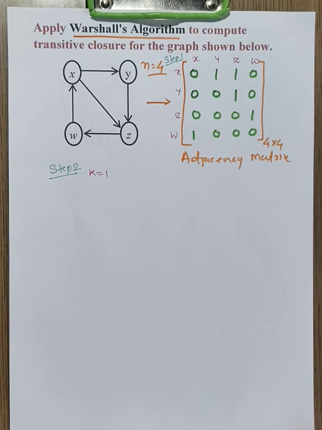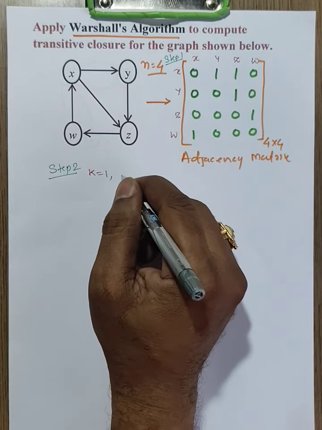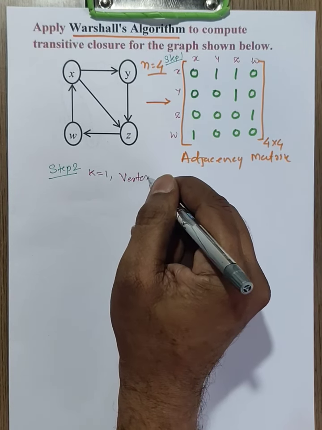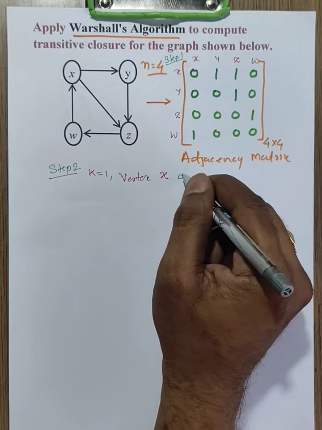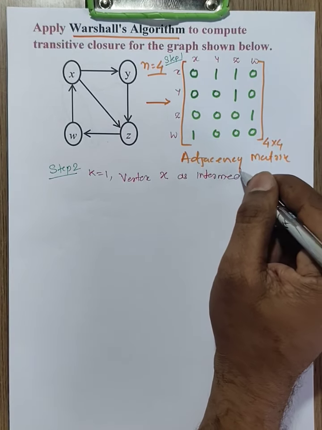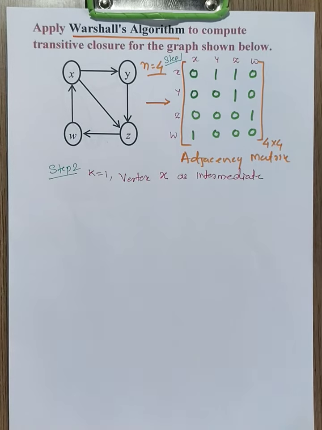K equal to 1 means vertex 1 is used as an intermediate vertex, vertex x as an intermediate vertex.